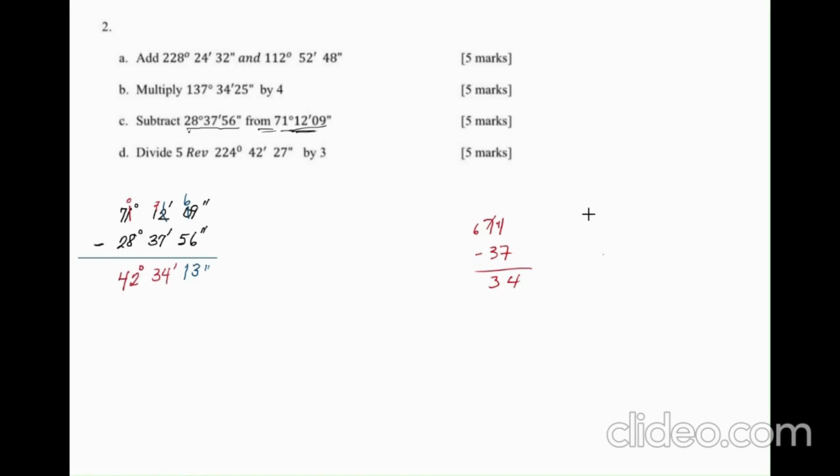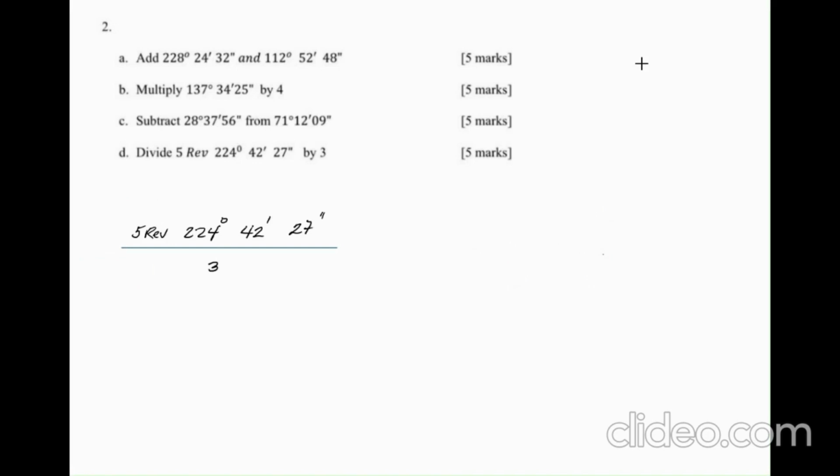And of course, you can go ahead and do that the normal way, 70 minus 28, where you borrow from here. This becomes 6, this becomes 10. 8 from 10 becomes 2, 2 from 6 becomes 4. Okay, normal computation skills apply here. All right.